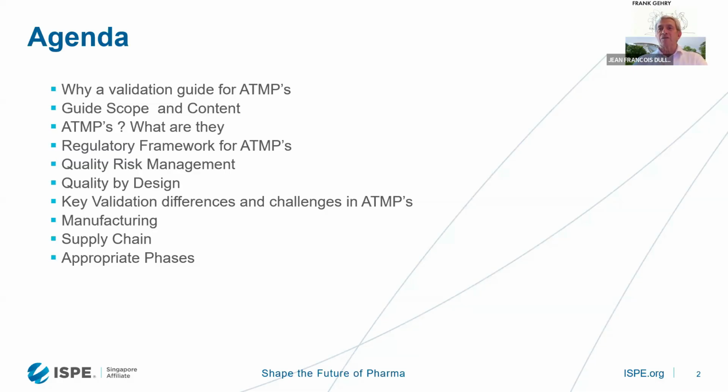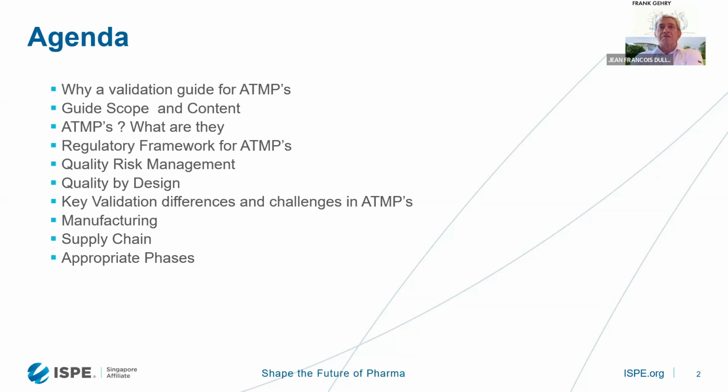After that, we will go into the regulatory framework for ATMPs, which is quite complicated. It's easier across the world, but the European Union and European Commission have introduced some difficulties.